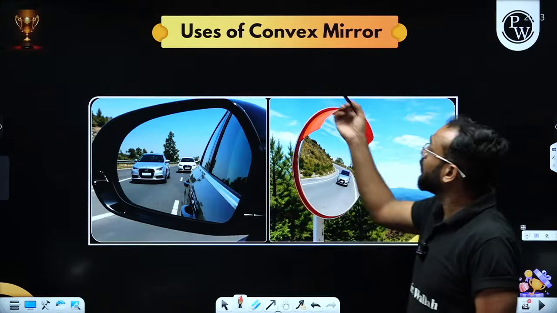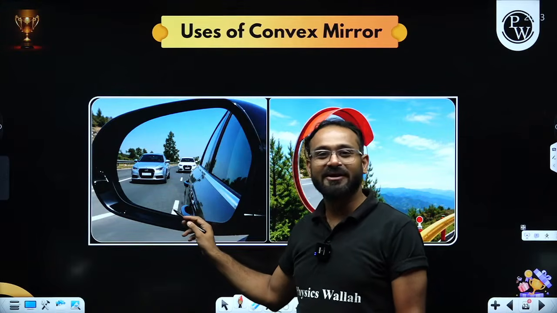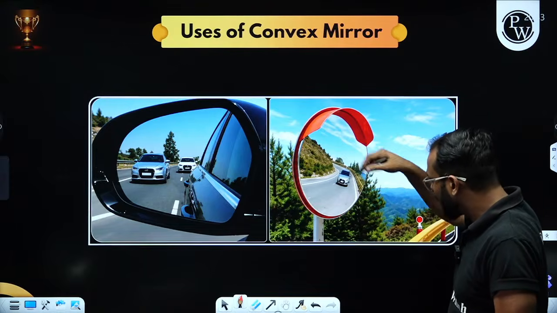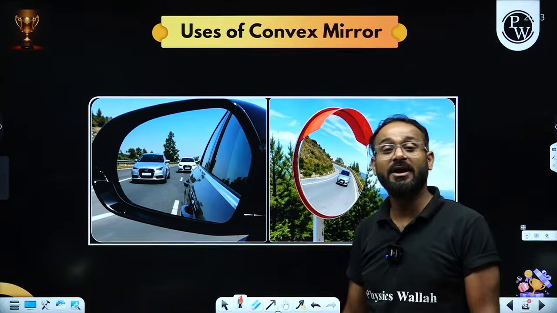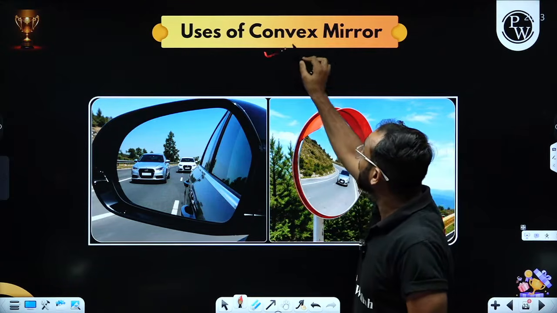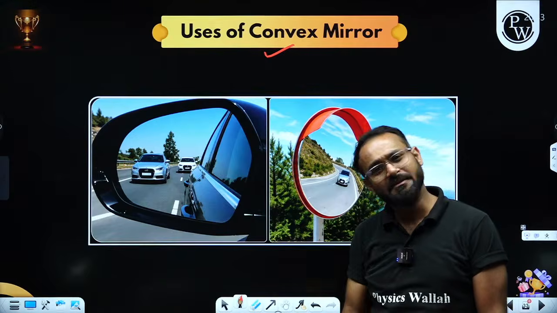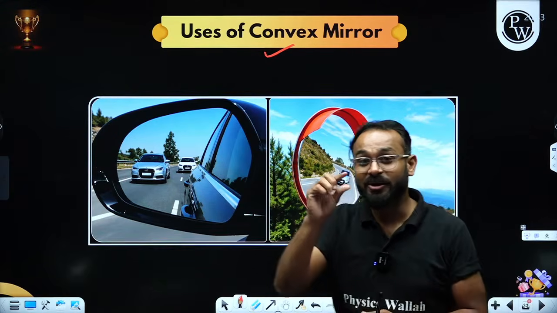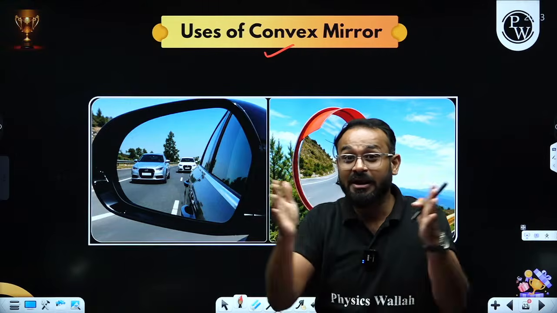Whereas talking about the convex mirror, you must have seen the rear view mirror, right? Or the mirrors mounted at blind turns. They are nothing but convex mirrors. Why? Because it gives us a smaller image and a wider range can be covered.